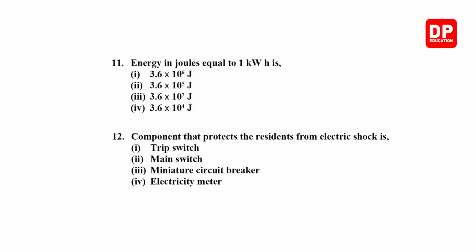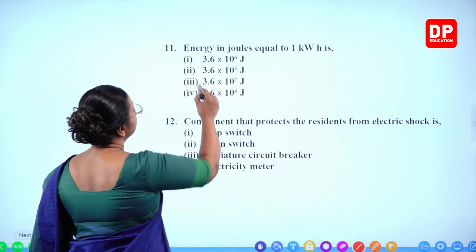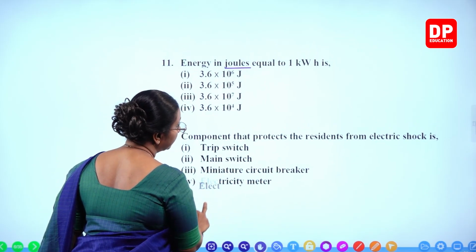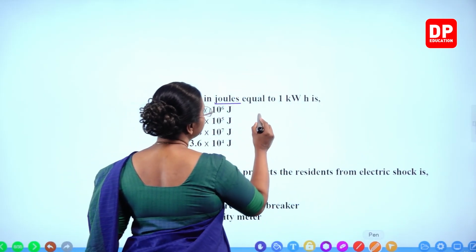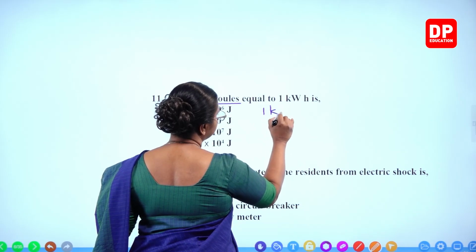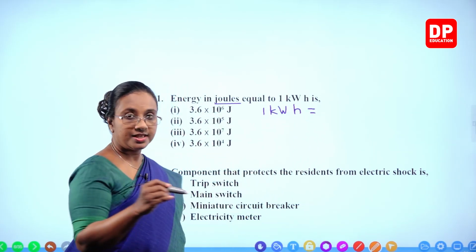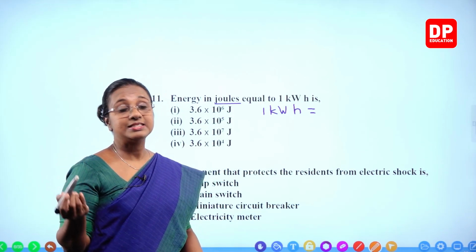So here, question number 11. Energy in joules equal to 1 kilowatt hour. So how do we find that? Now 1 kilowatt hour has to be converted to watts, and for joules the time has to be in seconds.